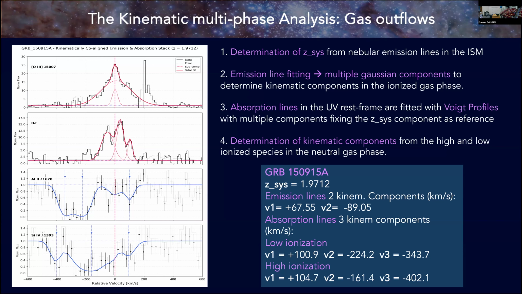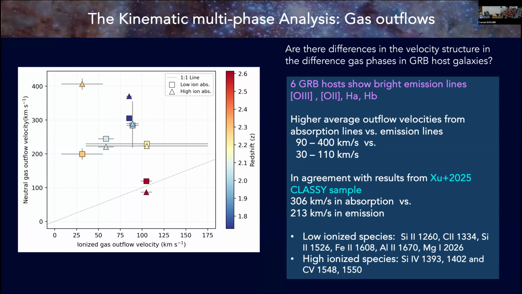So we have different components, and we see that the blueshifted components for both low ionized ions and high ionized ions in the neutral phase extend more to the blueshifted part. So we have a stronger, more rapid outflow in the ultraviolet. Also for the emission lines, it's very difficult to have a good signal to noise to determine the velocity structure of the kinematics.